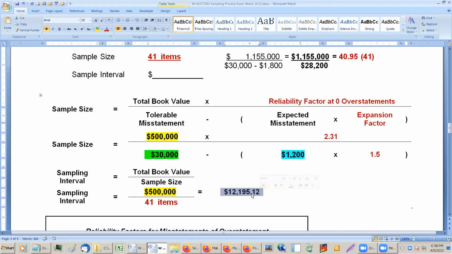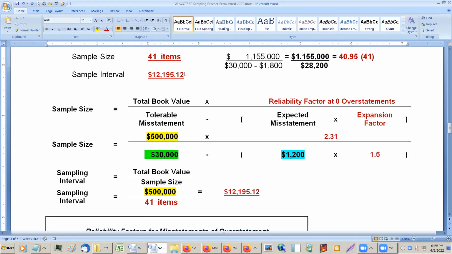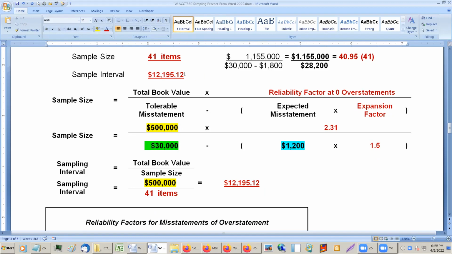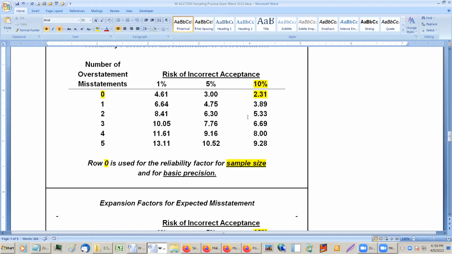But anyway, so this would be the sampling interval. Okay, question on that?